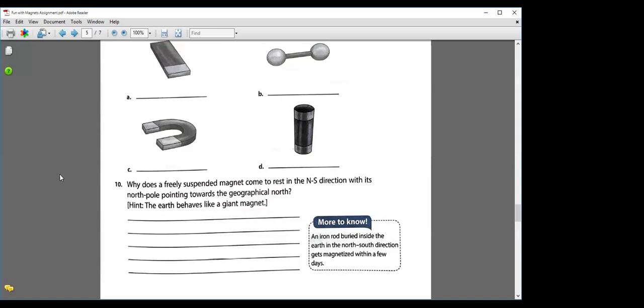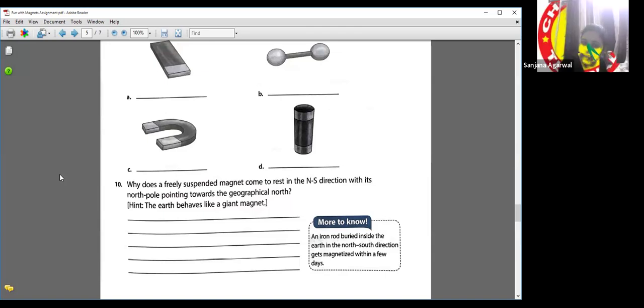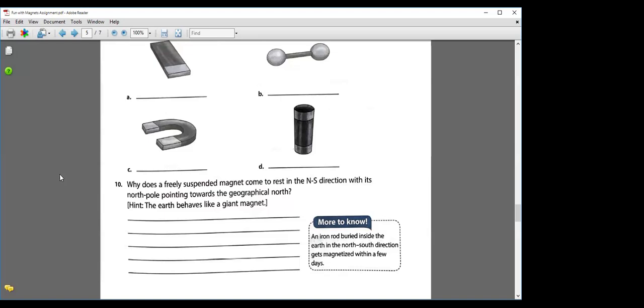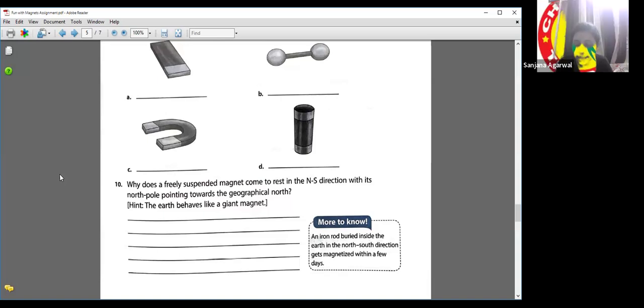It's very simple. Why is the freely suspended magnet aligning itself in this particular direction? What's special about Earth? Does Earth also have a magnetic field? Yes, ma'am, it has a magnetic field. Our magnet feels the influence of the Earth's magnetic field, and hence it gets attracted. The opposite poles get attracted, and that's why it aligns itself in the north-south direction. That's simple.